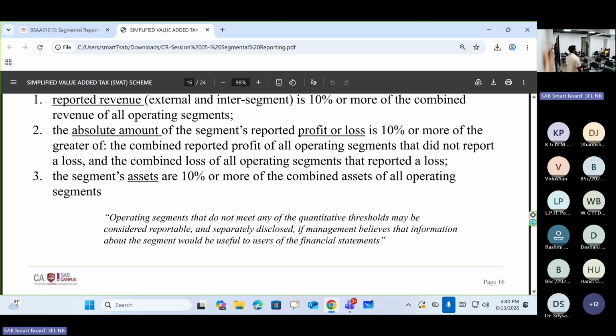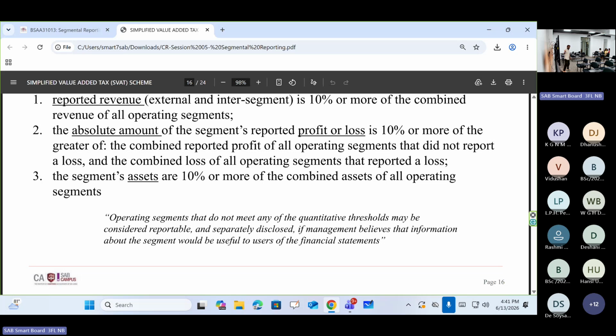Quantitative thresholds are only the minimum required. Keep that in mind. Operating segments that do not meet any of the quantitative thresholds may be considered reportable and separately disclosed if management believes that information about the segment would be useful to users of the financial statements.